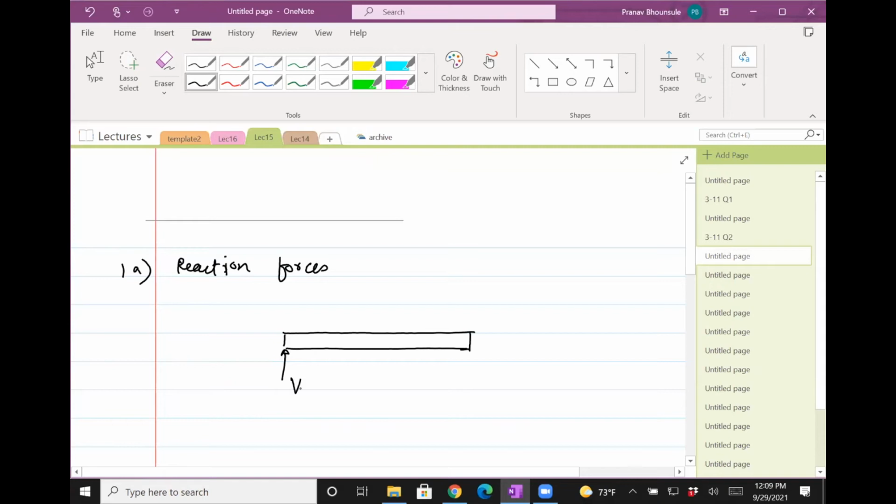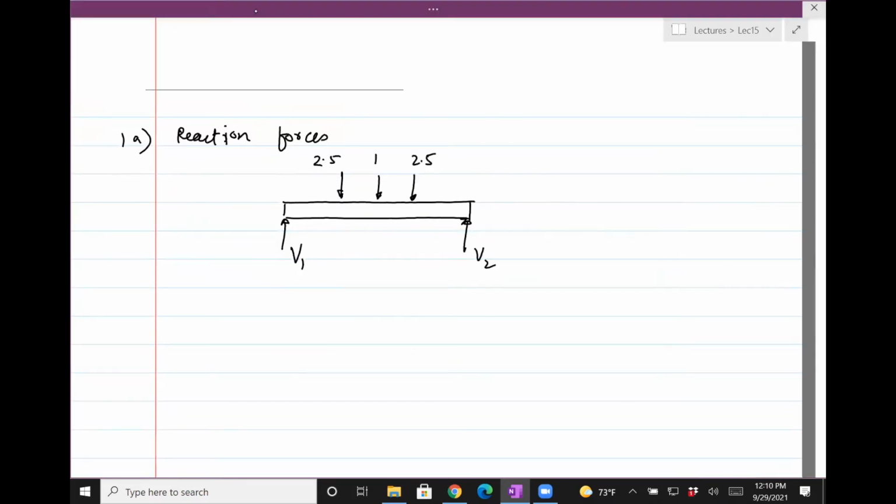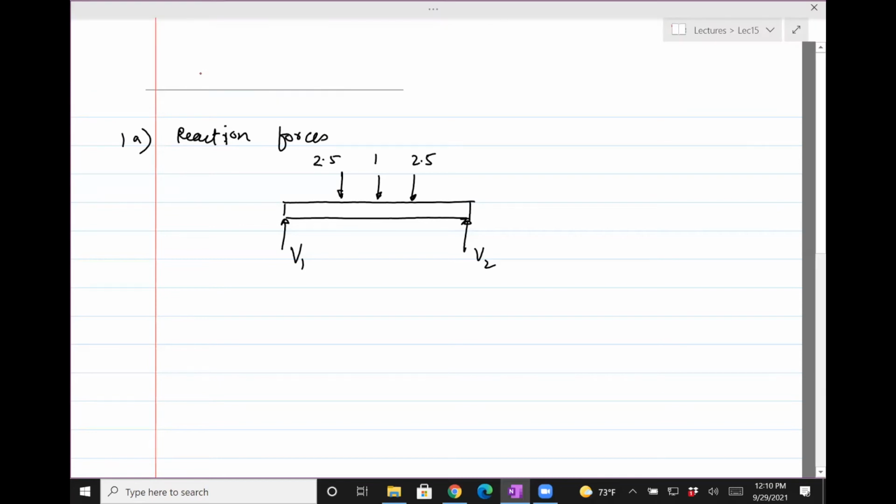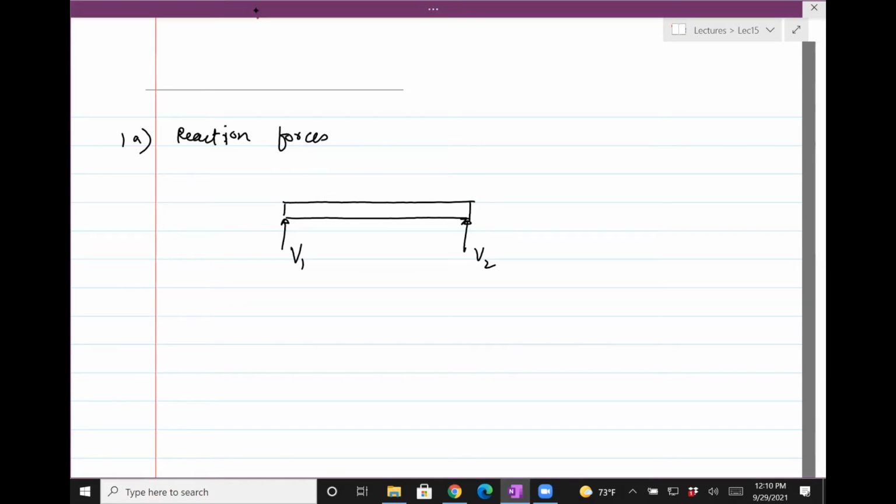Okay, so let's assume V1, V2, and then there are 3 forces, 2.5, 1, and 2.5. Let's try it a little bit differently so that the spacing is more representative of the distance.